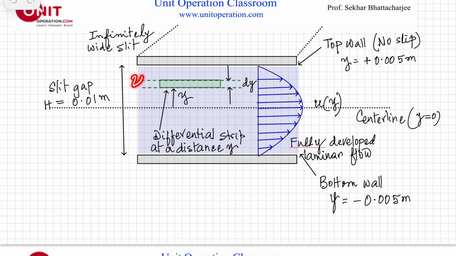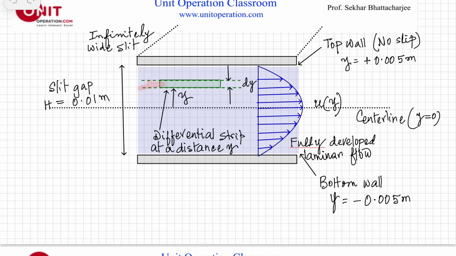If this is the velocity u at a distance y from here, what is the area through which it flows? If I take a unit width, the area of flow is dy times 1. So what is the flow rate through this strip?